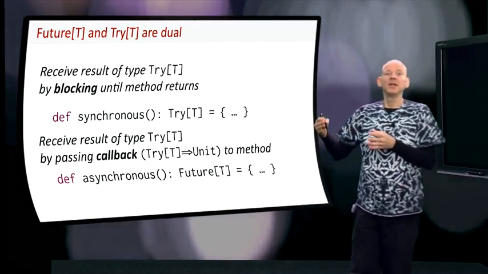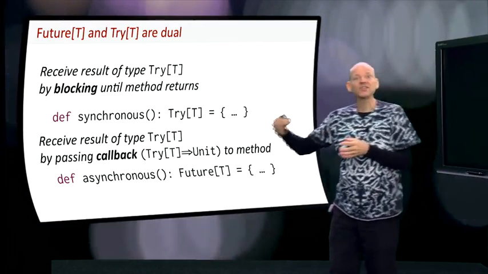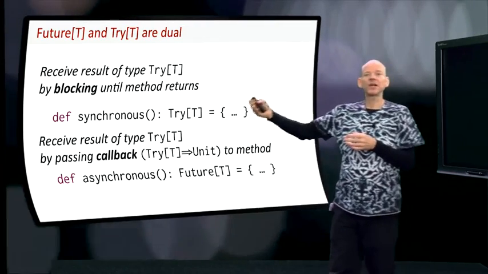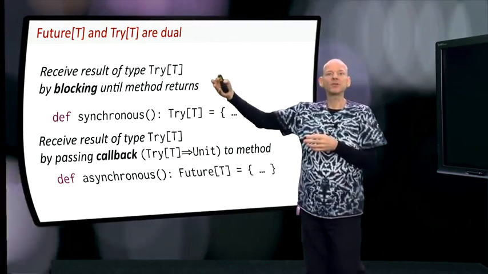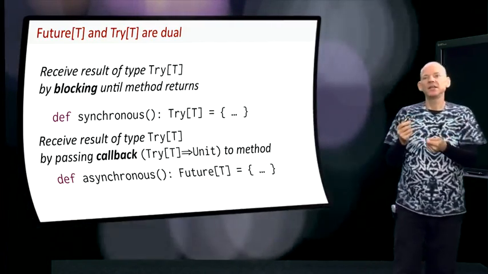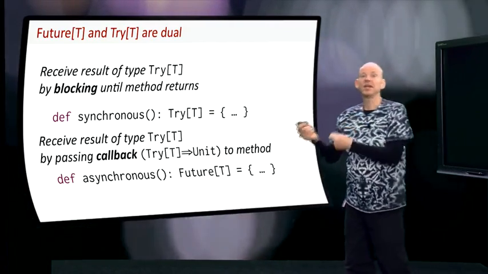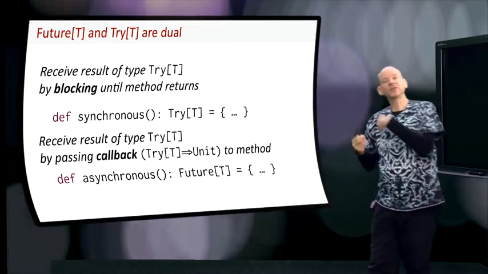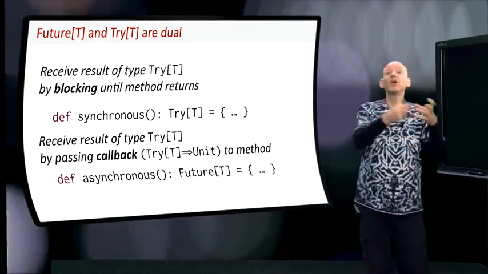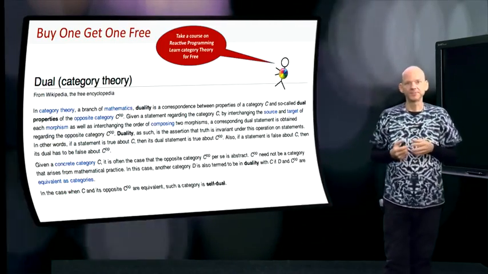All right? And so it asynchronously receives that, and a function that returns a try of t directly blocks until the method returns. So the duality here is between synchronous and asynchronous, and the way we implement that is by blocking or passing a callback.